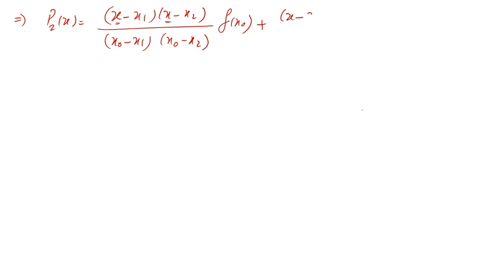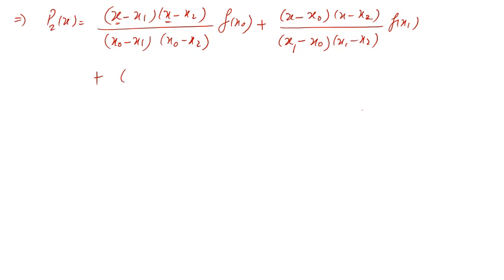In the second term, delete the difference x minus x1 and write the remaining differences, product of the differences, x minus x0, x minus x2. And in the denominator replace x by x1: x1 minus x0, x1 minus x2, f of x1.